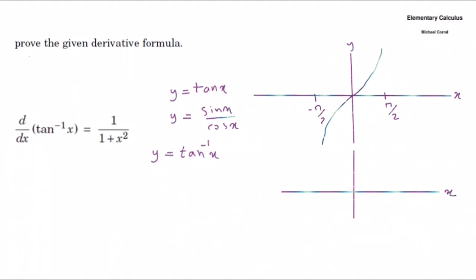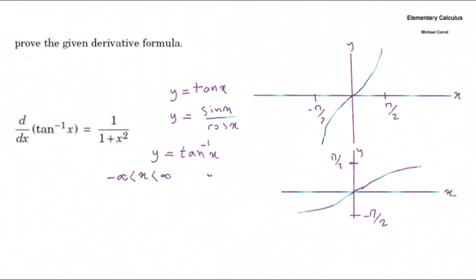This is x and this is y. So the domain of the inverse function of tangent x equals the range of the function of tangent x. So x includes every number, and the range is the domain of the function of tangent x.